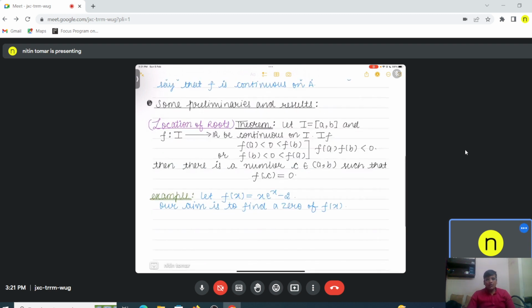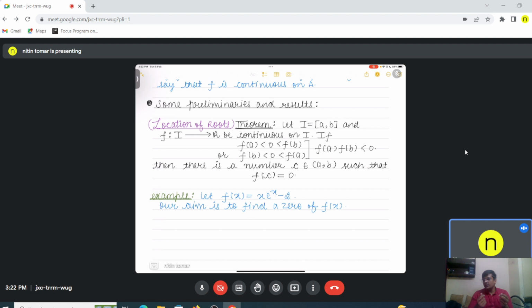It says, see, even if you can find the interval in which this 0 lies, then also you are really close to finding a 0. It means it is better than nothing, right? You want to find a 0 of a function. So first of all, you want to be in the proximity of the 0. That is, you want to find an interval first.